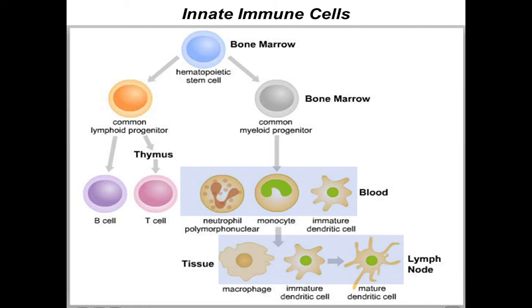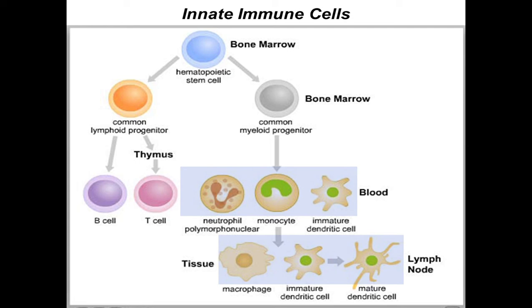All the innate immune cells, or natural immune cells, of the body are produced by the bone marrow, which is considered to be hematopoietic bone marrow. The cells found here are the hematopoietic stem cells.